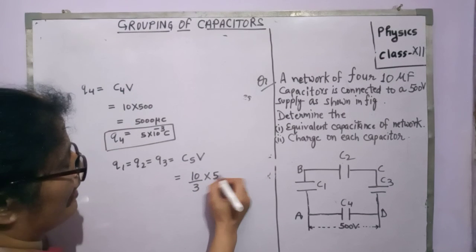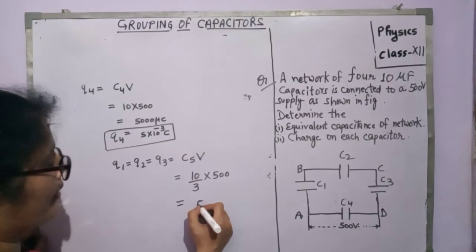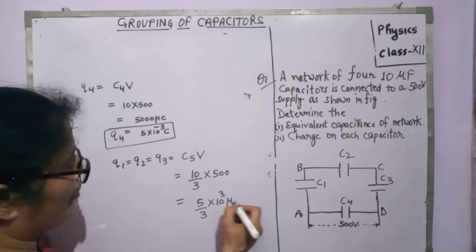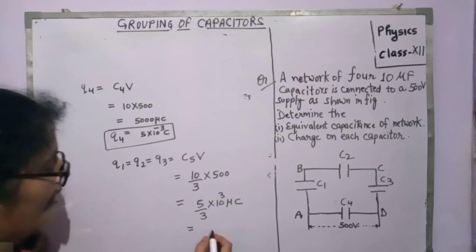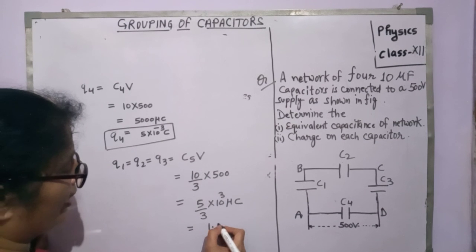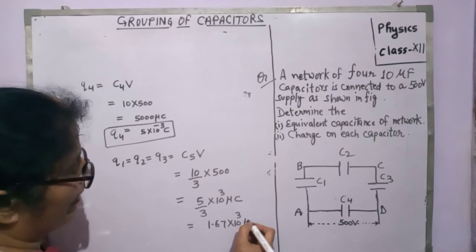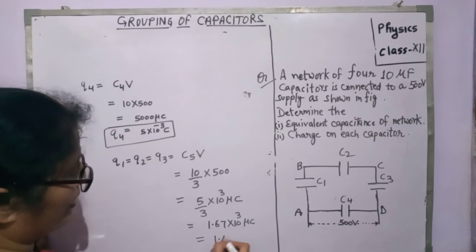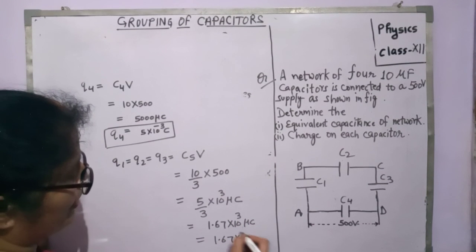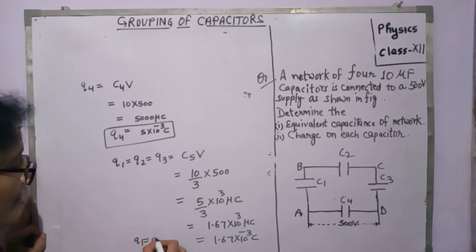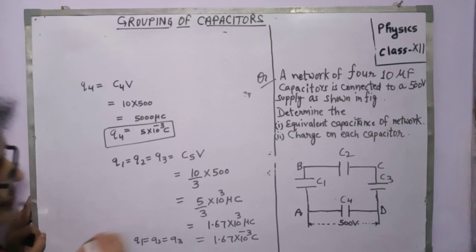That is 500. You can write here 5/3 into 10 raised to the power 3 microcoulomb. If we solve here, we get 1.67 into 10 to the power 3 microcoulomb, or you can say 1.67 into 10 raised to the power minus 3 coulomb. These are the values of Q1, Q2 and Q3.